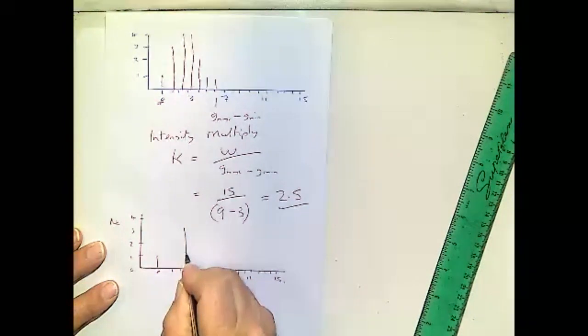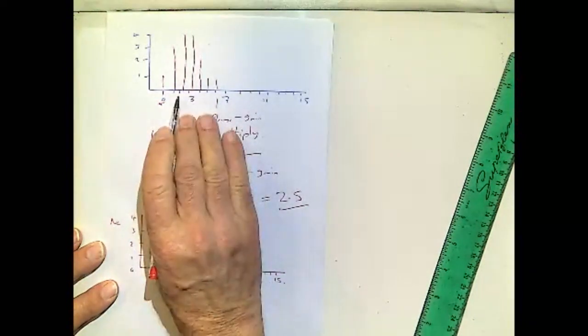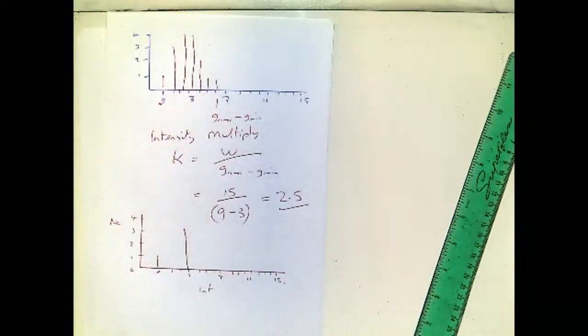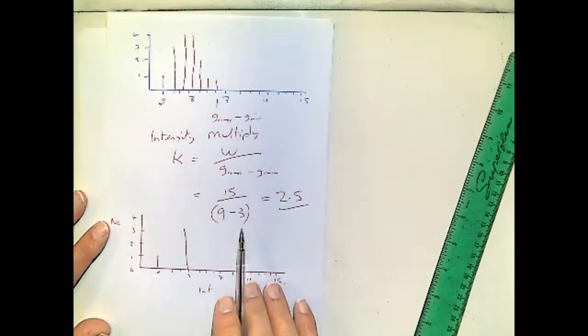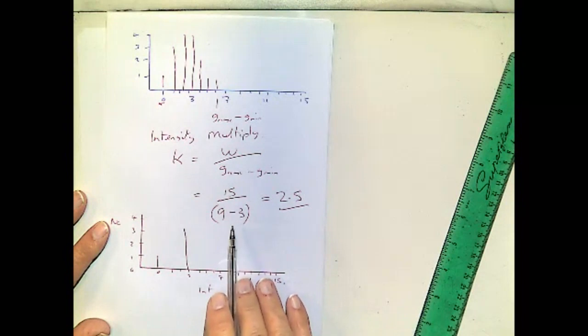There. The next intensity is 4, multiplied by the multiplication factor 2.5. 2.5 times 4 is 10. So that is going to, we're doing this right, aren't I?